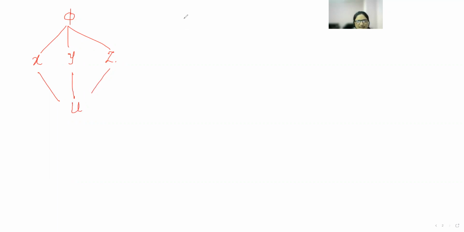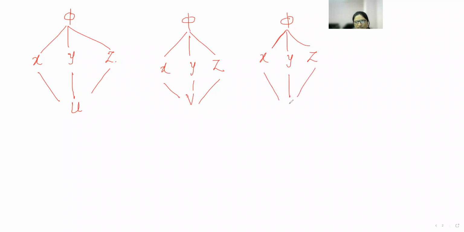First one. Second, again this phi is a function in x, y, z, where x, y, z are functions in v. Then again phi is a function in x, y, z, where x, y, z are the functions in w.